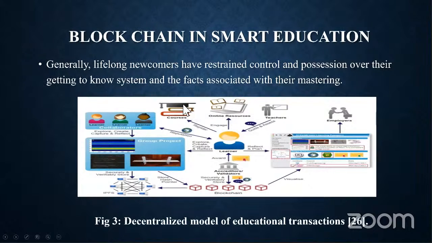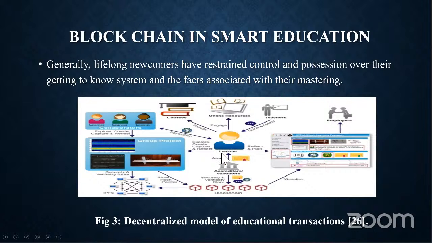Next, blockchain in smart technology. Generally, lifelong learners have restrained control and possession over their learning systems and facts associated with their learning. So this is one of the decentralized models of educational transactions.